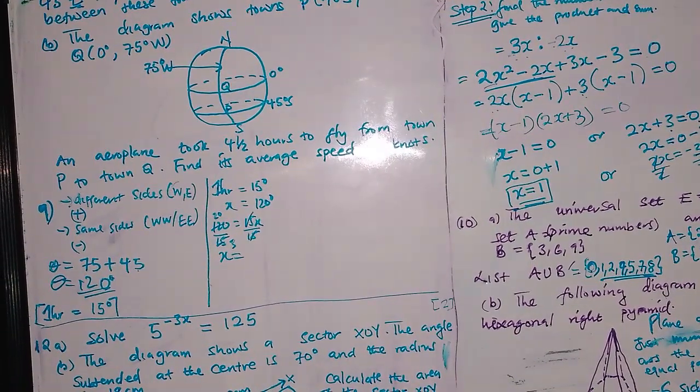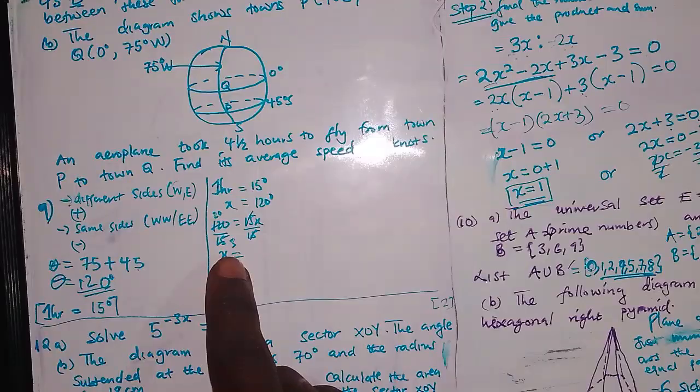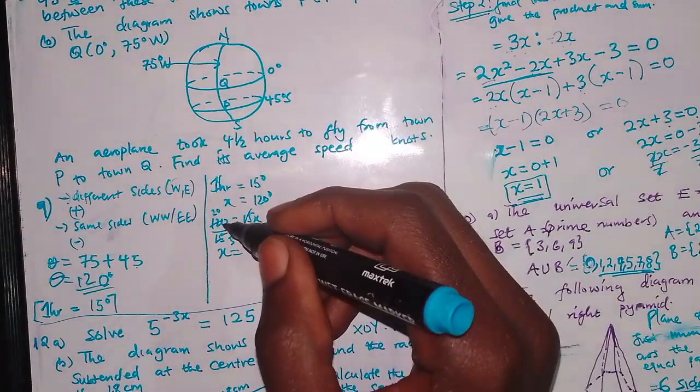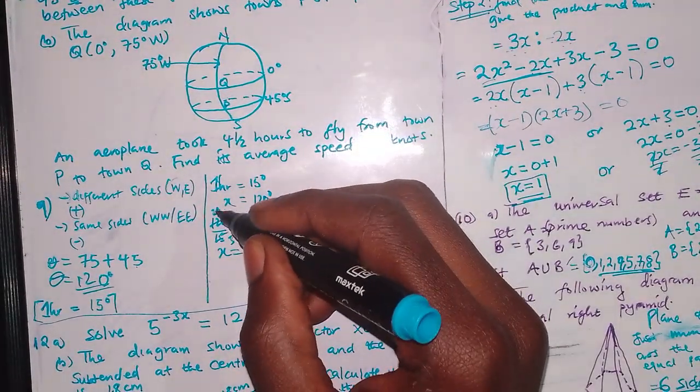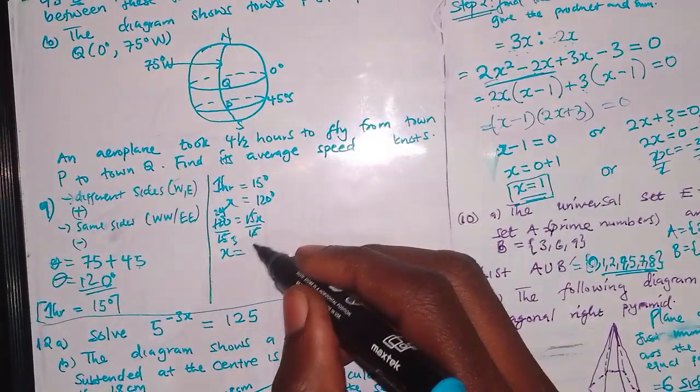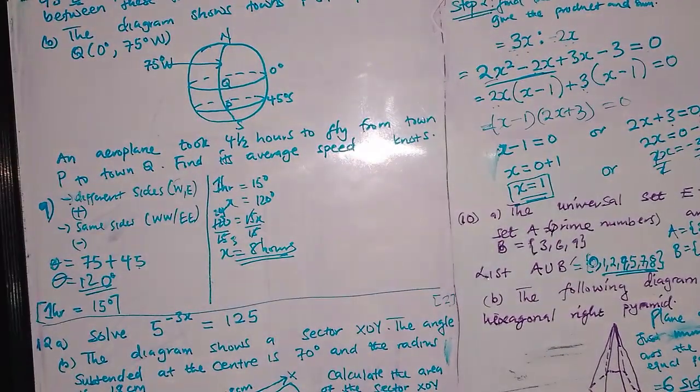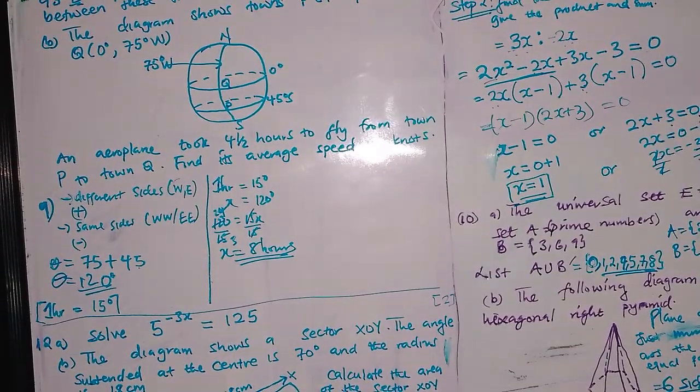Then 5 into 12, we have 2. Remainder 2. Then 5 into 20, so we have 24. So 3 into 24, we have 8 hours. So meaning our time difference is 8 hours.